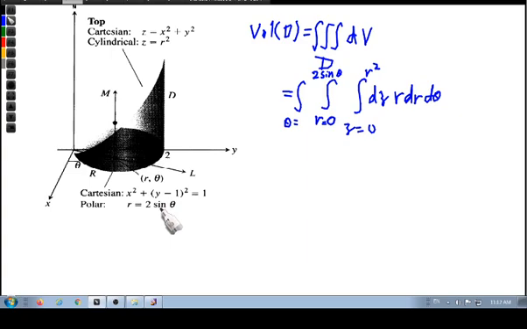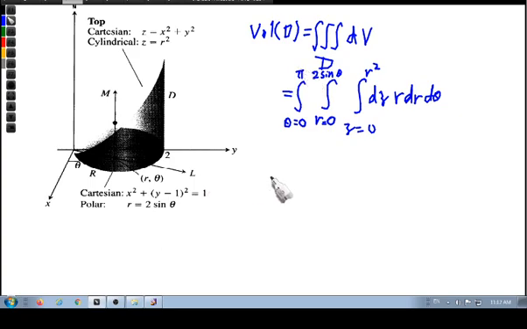When theta equals pi, sin theta equals 0, and you are again back at the origin. So theta varies from 0 to pi. These are the theta limits of integration.